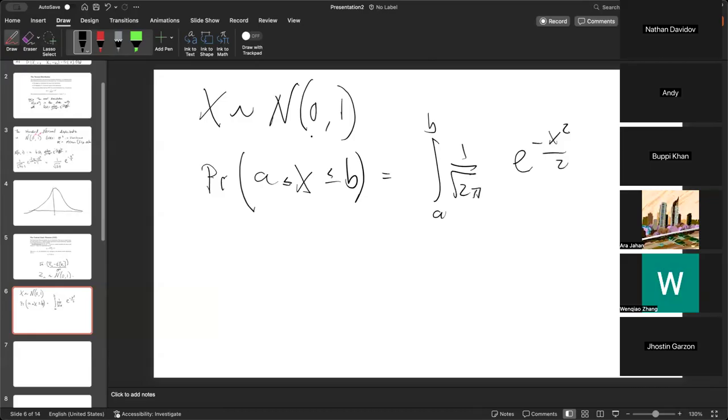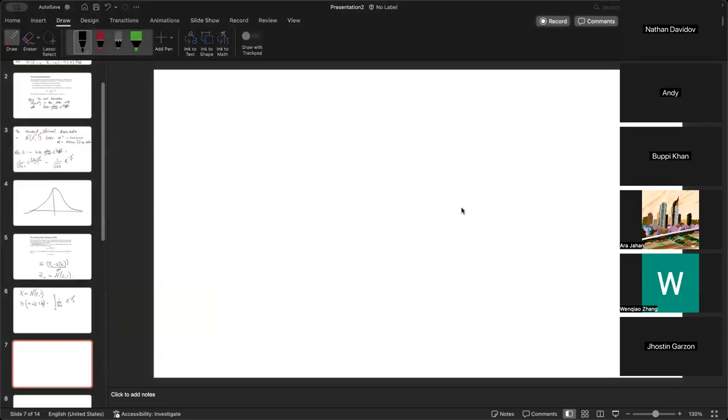It's kind of annoying to have to do this integral every time. So on your exam, you'll get the following chart. Just give me 1 second here to pull it up.